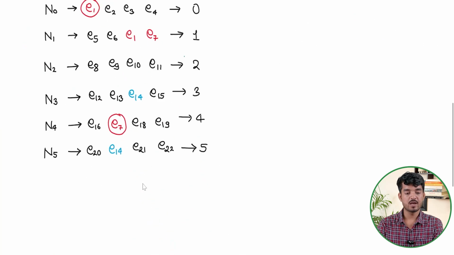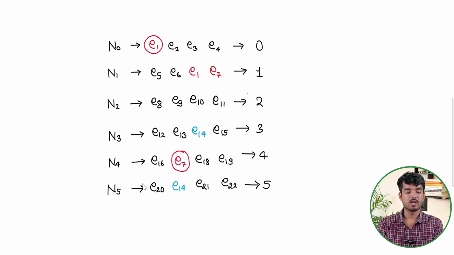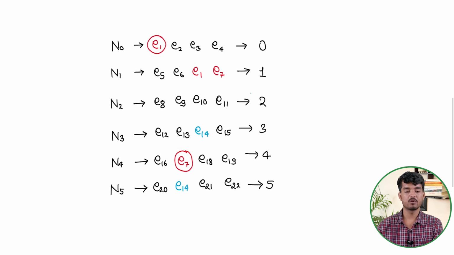Let's assume we have this many accounts with the corresponding emails. The very first thing I will do is assign a unique number to every account. I'm using their indices, because from the index I can easily get the entire account from the given list. So I'm assigning 0 to the first account, 1 to the second account, 2 to the third account, and so on.